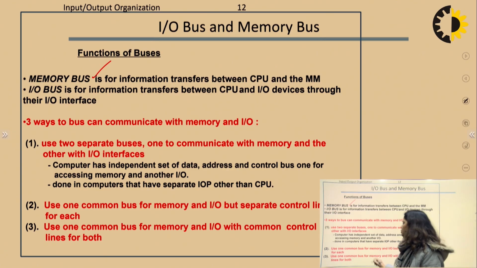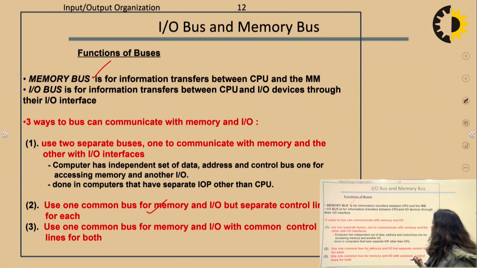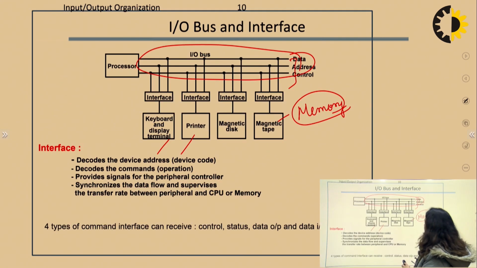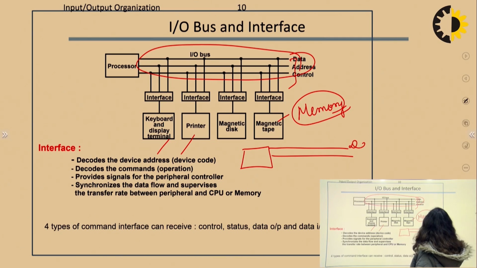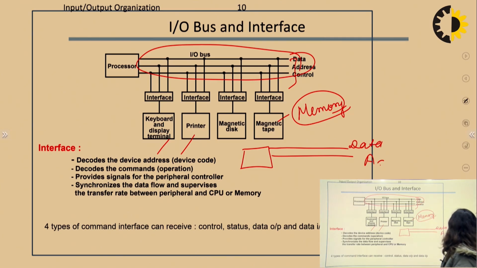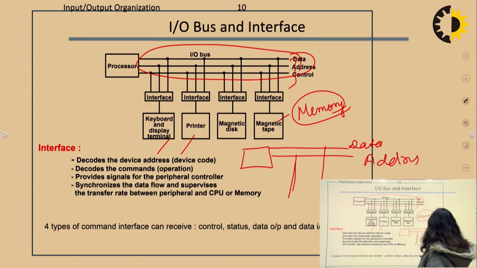Next is to use one common bus for memory and input-output, with separate control lines. In this scheme we have a processor using a common data and address bus. Suppose we have an input device and an output device, and here we have a memory.